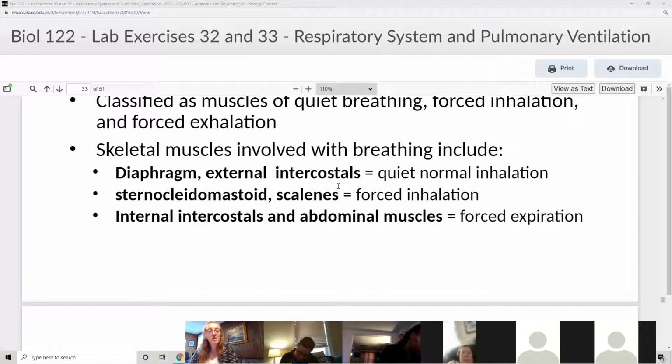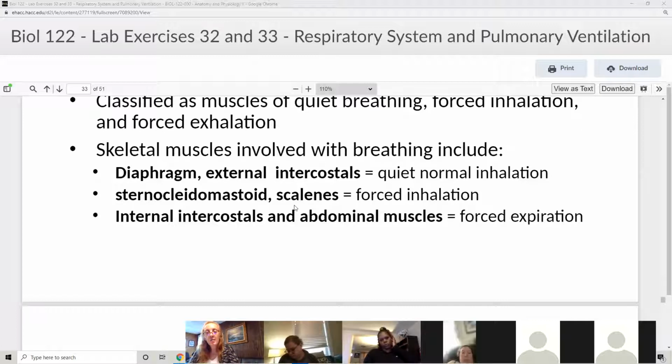This is where your phrenic nerve and your intercostal nerve stimulate these muscles to contract. And when those muscles stop contracting, they relax. That's when you exhale. Quiet, normal breathing only involves the diaphragm and the external intercostals.